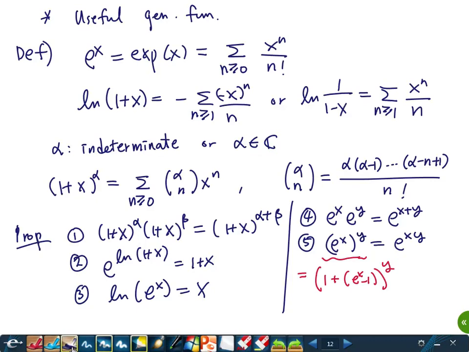Okay, there are more identities to go. 6: 1 plus x raised to alpha equals e to the alpha log of 1 plus x.